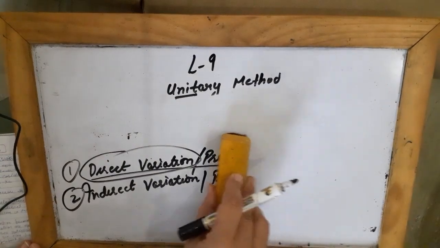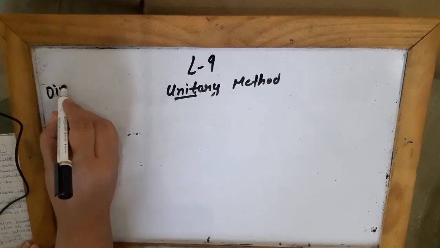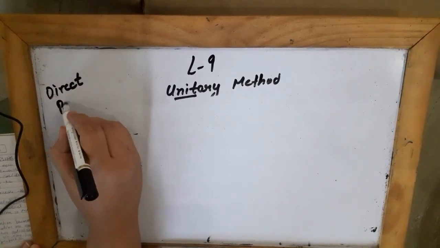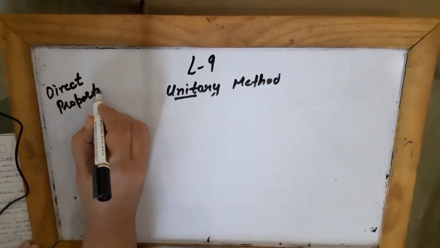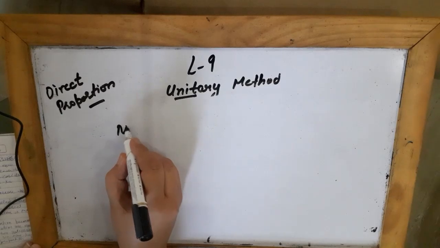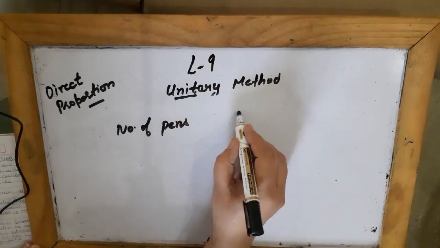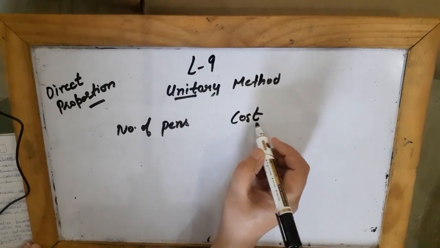So let me start with an example. Today we will study about direct proportion. Suppose I want to buy some pens, so number of pens, and I'll make a column of cost.